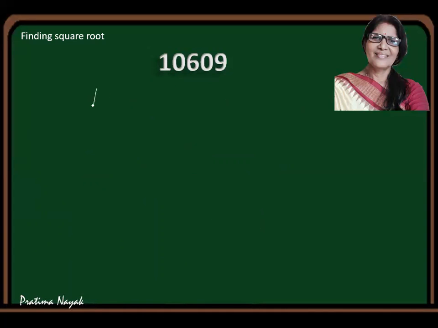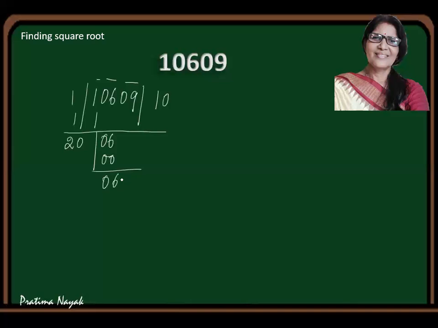10609. We'll make pairs from the right side. 1 is left. 1 times 1 is 1. Then your 06 will come together. 1 plus 1 is 2. Then what will I put? 0, 6, 0, 9.